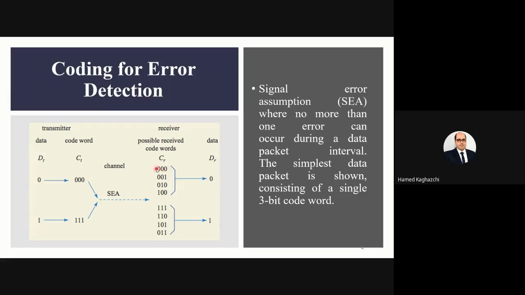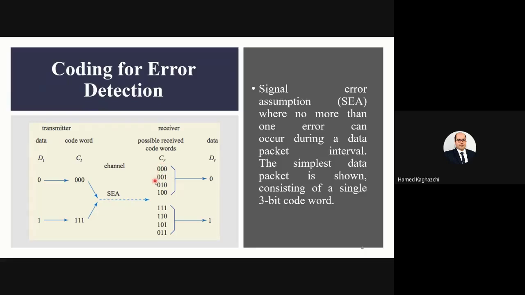I can have 000 if I have only the single error assumption. I can have 001, 010, 100, because the majority of bits of the code word here is 0, and I know that I have only a single error.